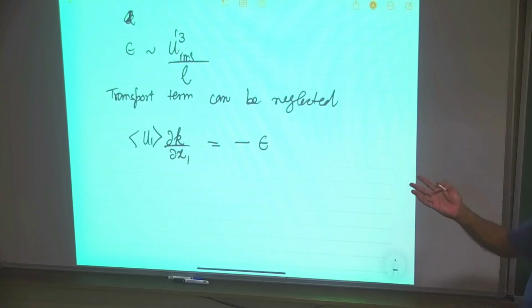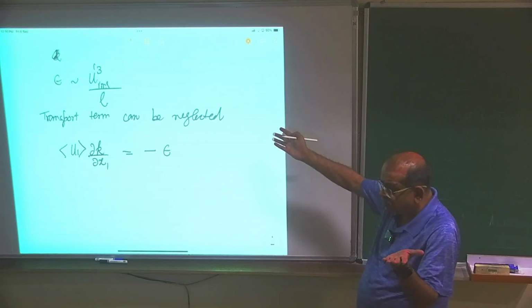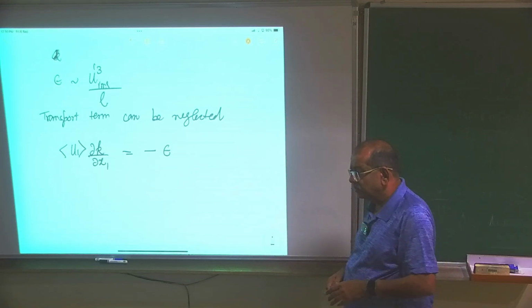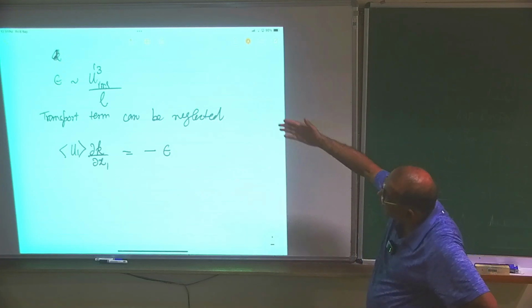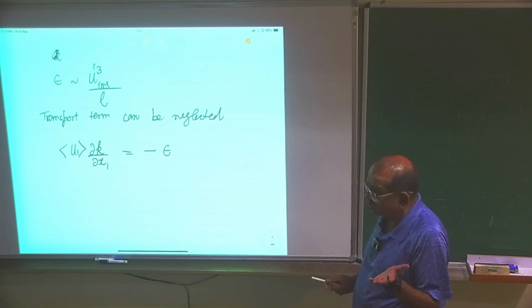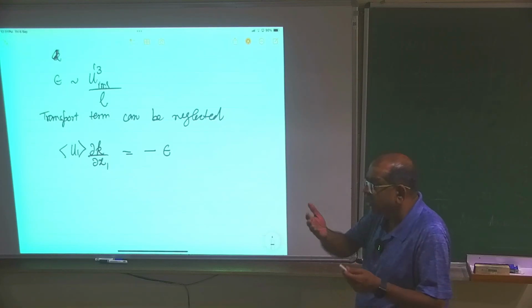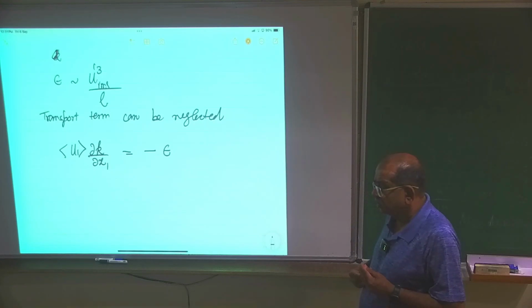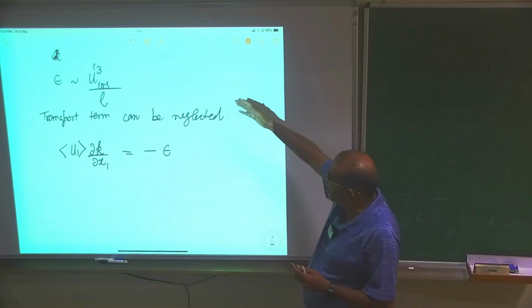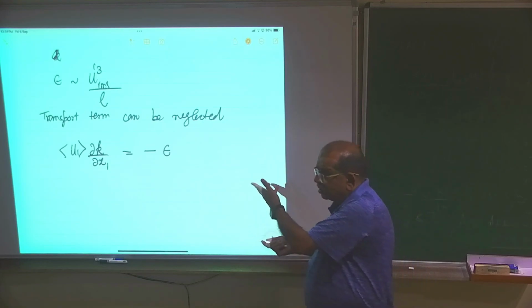So we have a production term, and there is this dissipation term, and there is this middle term. What we are saying is the middle term is much smaller compared to the first term, and to the left hand side, which was the dk by dt term. If that is much smaller, we neglect it, and the other term of which we have no idea, we keep.